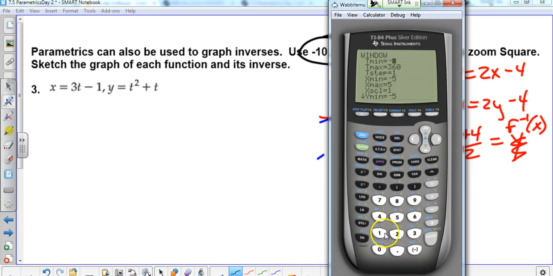And make your window negative 10 to 10 by 1 or 0.1. It really doesn't matter. And then negative 10 to 10 for x, and negative 10 to 10 for y.